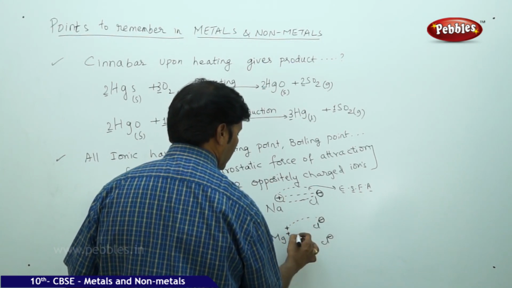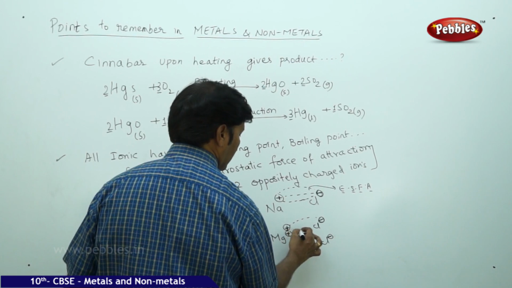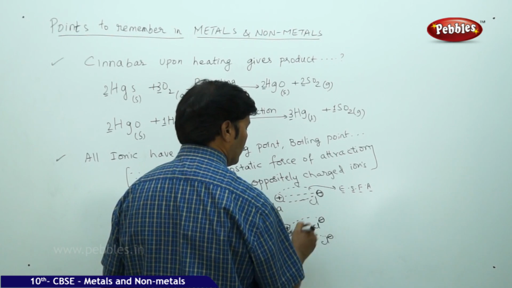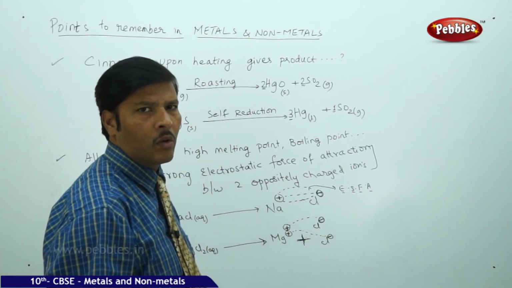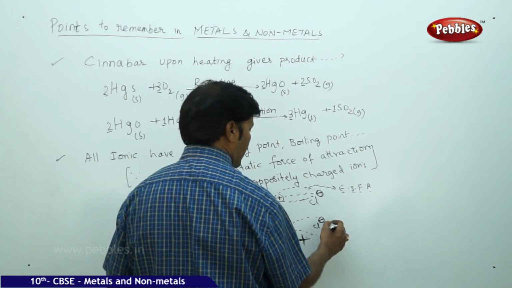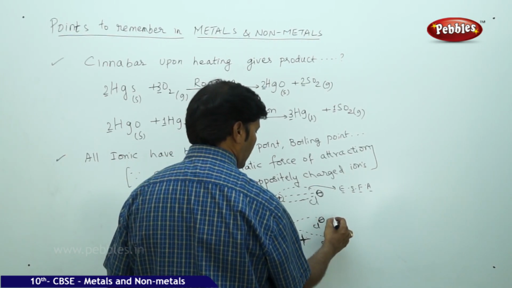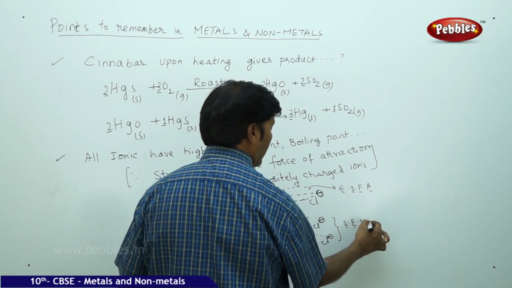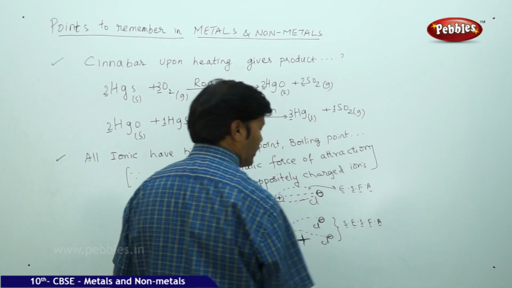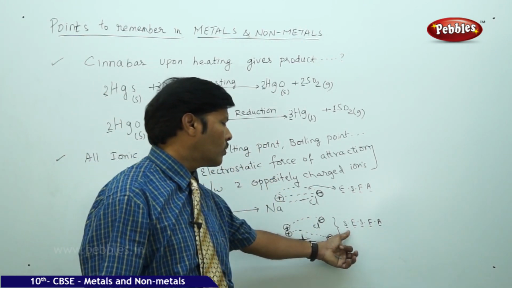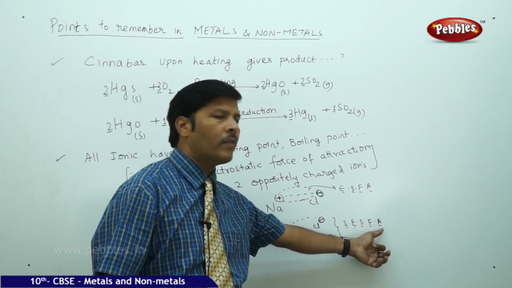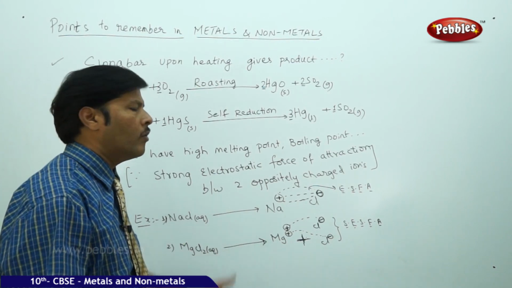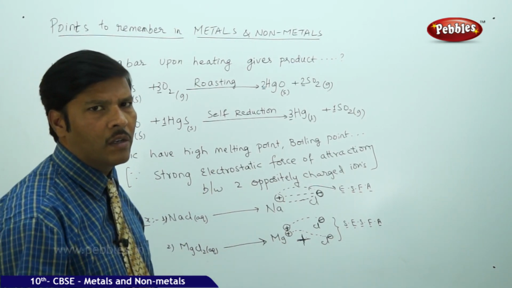So you can see the strong electrostatic force of attraction between the one magnesium bivalent cation and two chloride anions. So the strong electrostatic force of attraction operates in MgCl2 also, between the two oppositely charged ions. That's why we can say that the melting point and boiling point of ionic compounds are very high.